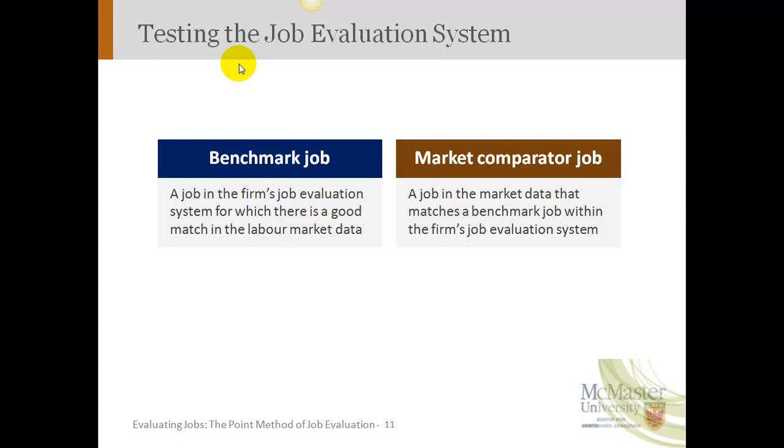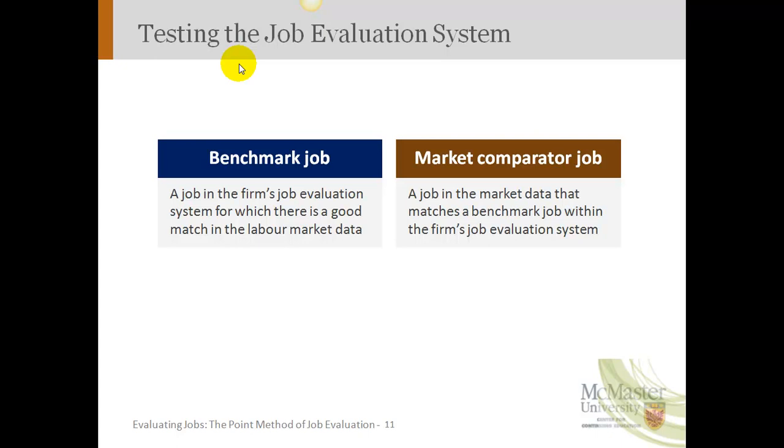So some of these benchmark jobs that we might want to test the job evaluation system with might be things like jobs we can find in most organizations: HR generalists, accounting people, clerical staff, those kinds of jobs which we know. Corporate lawyers, for example, those would be good.